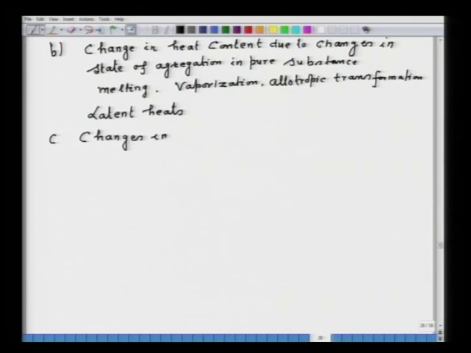changes in heat content due to chemical reactions in the system.